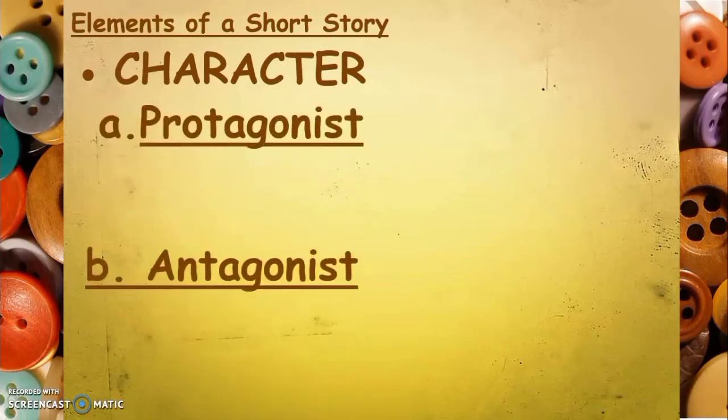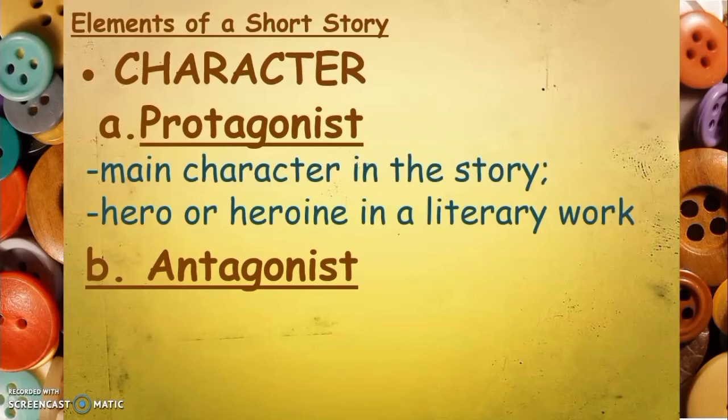Once we say protagonist, this is the main character in the story, the one we call the hero or heroine. However, we have to remember that a protagonist is not necessarily a good person. Usually, the story circles around the lead character or protagonist. Next is antagonist.